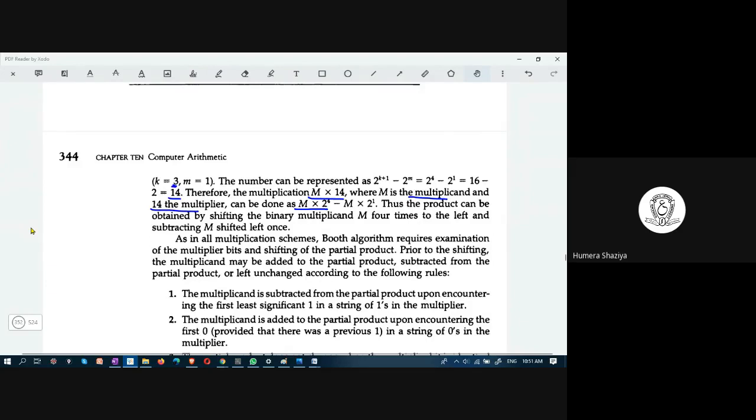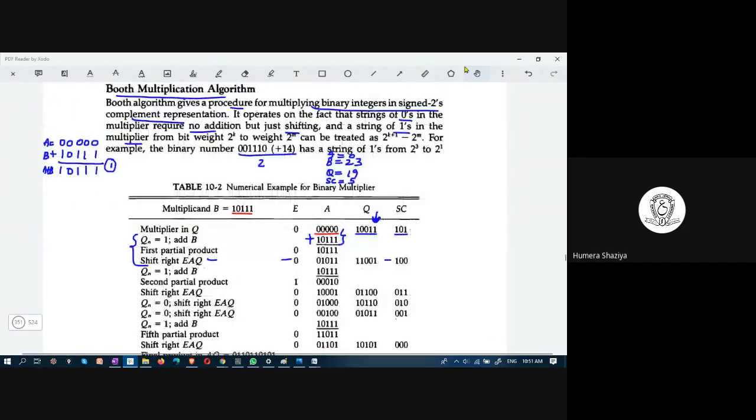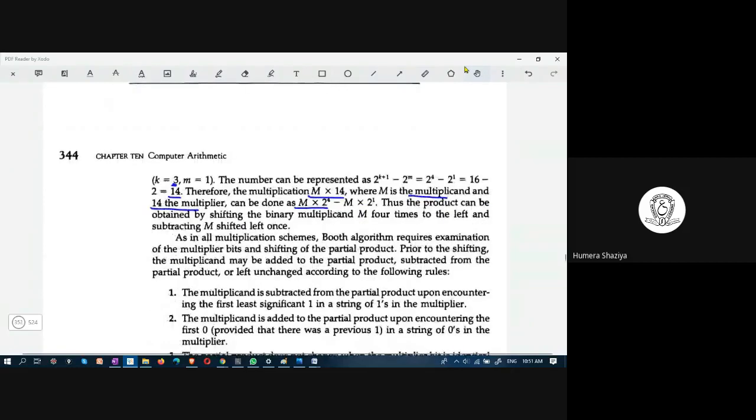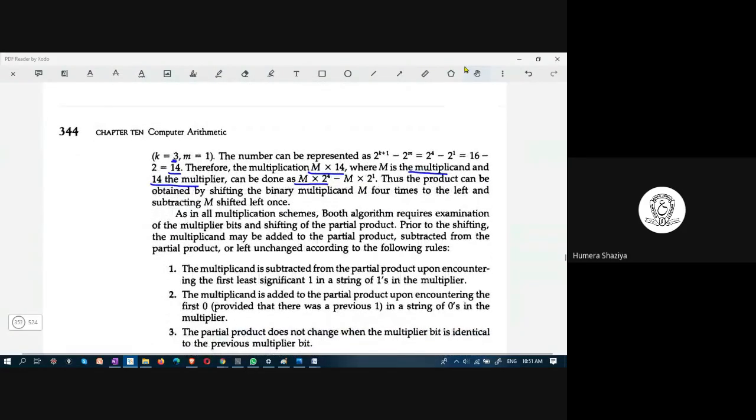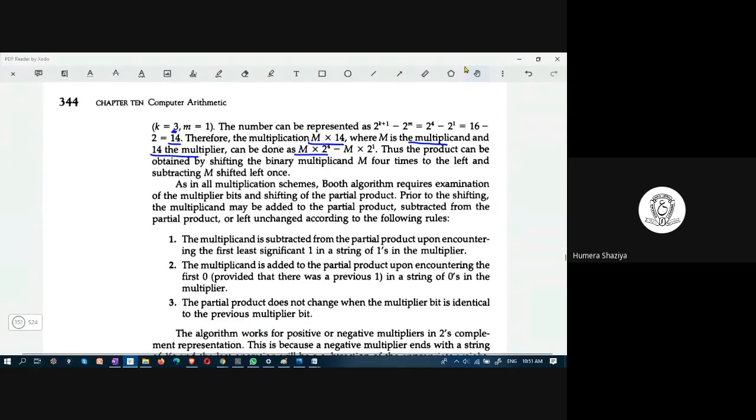Here, the whole idea is, don't get confused. They are actually giving preference only to these three ones. Remaining zeros, no need to consider them. Wherever there are ones, those can be considered and operations can be performed to obtain the product.